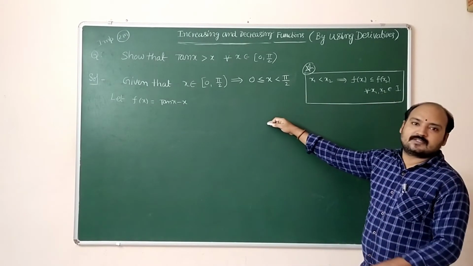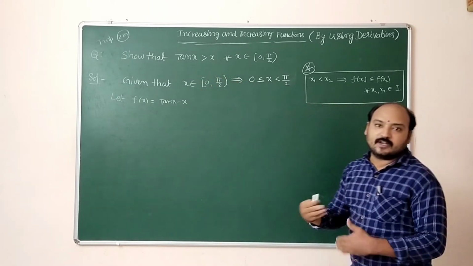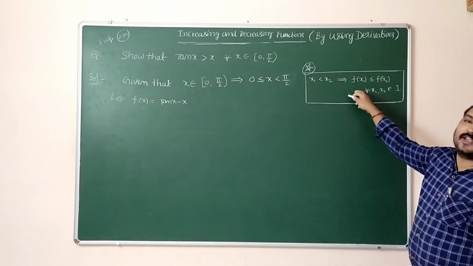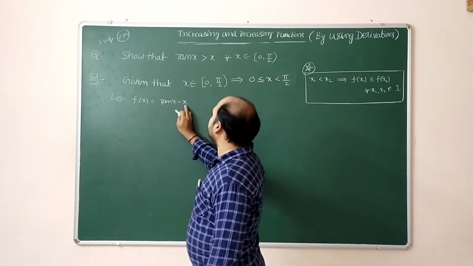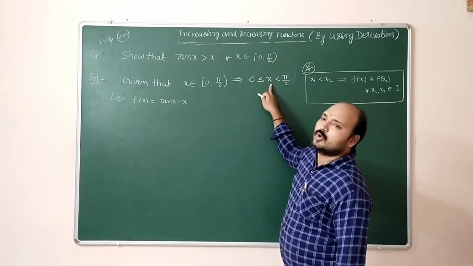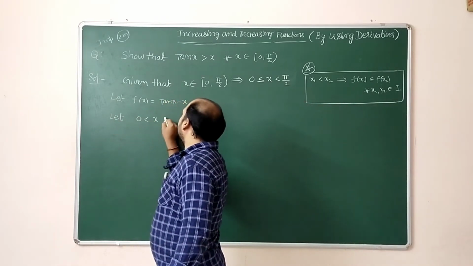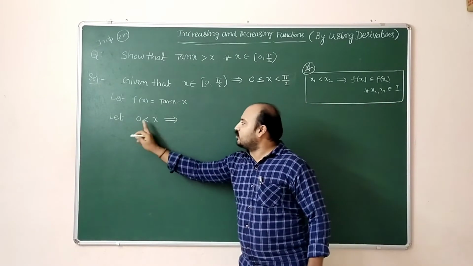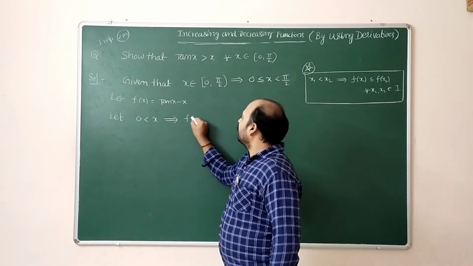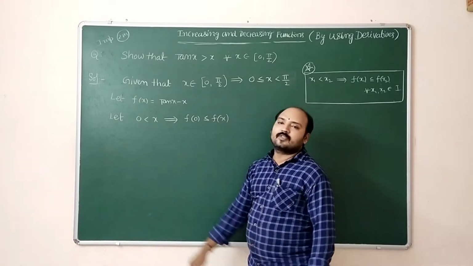Like in the previous question, to prove this inequality tan x is greater than x, we need to consider the increasing function. 0 is less than or equal to x is there. Now let 0 is less than x. That implies, by the definition of increasing function, this is x1, this is x2, f of 0 is less than or equal to f of x.